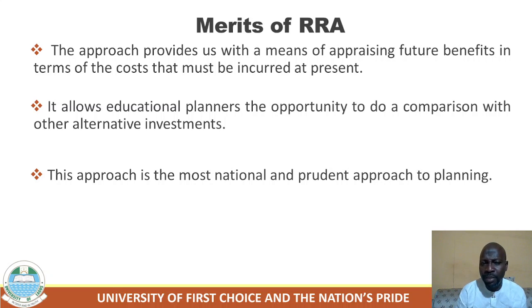Will our investment here be profitable? What will be the benefit? Because we have different alternative programs that we can bring to the fore. Then the approach is the most rational and prudent one to planning because you are considering your cost.